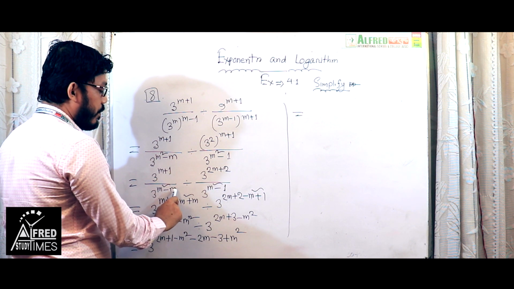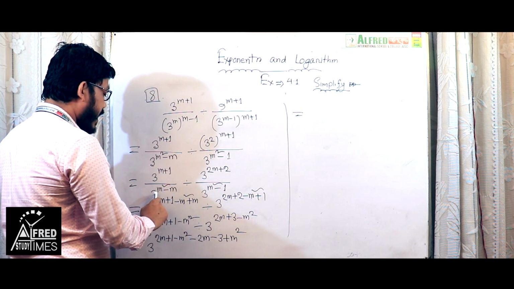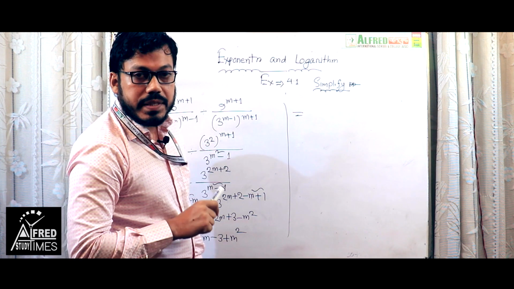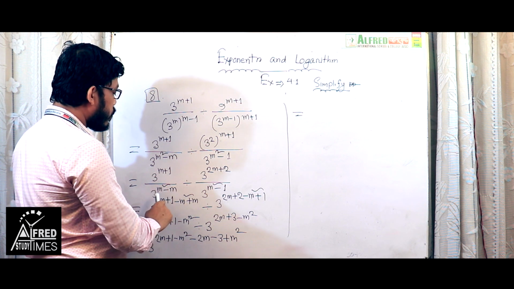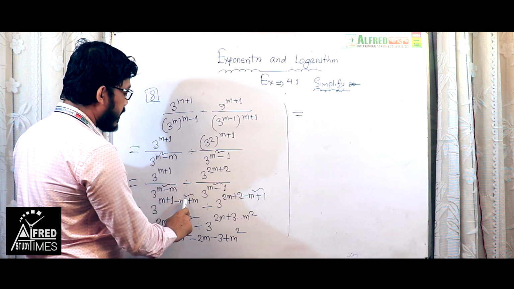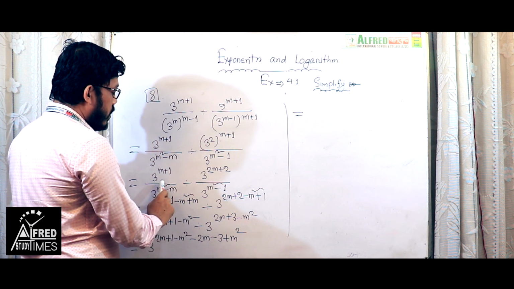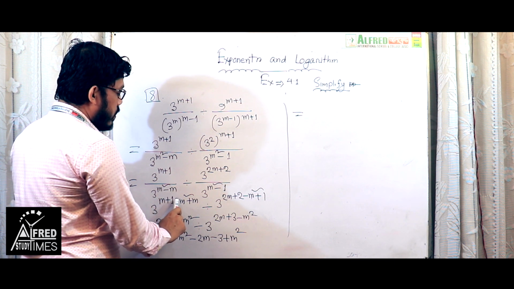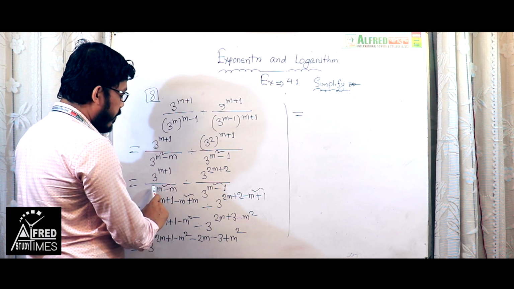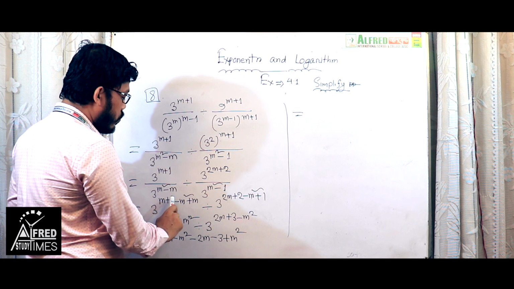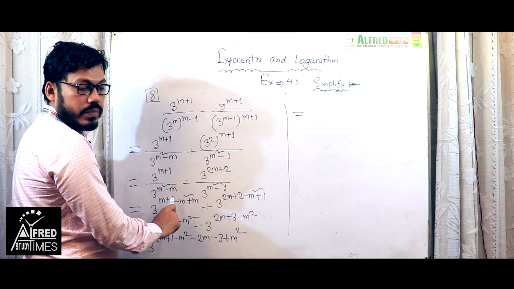By subtracting m square minus m from m plus 1, signs of m square minus m should be changed from plus to minus. At first m square plus to minus, then minus m should be changed into plus m.